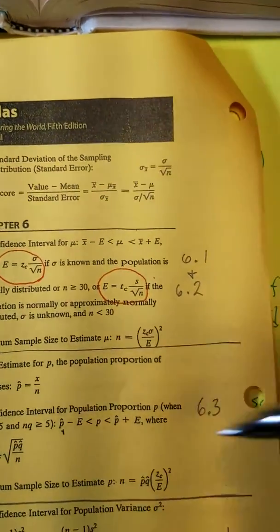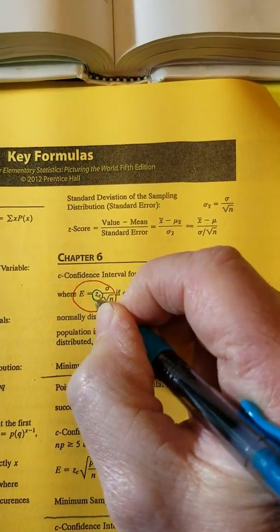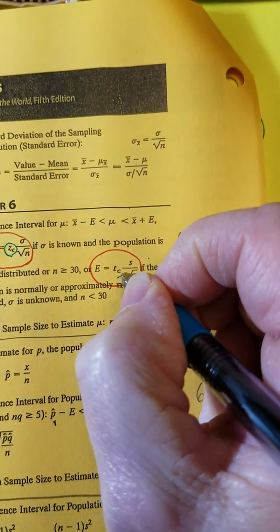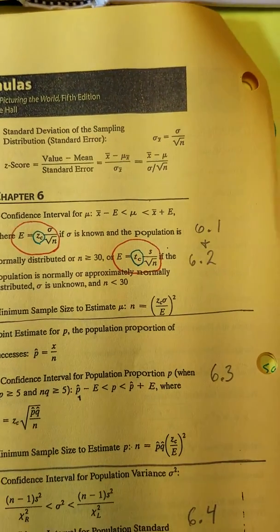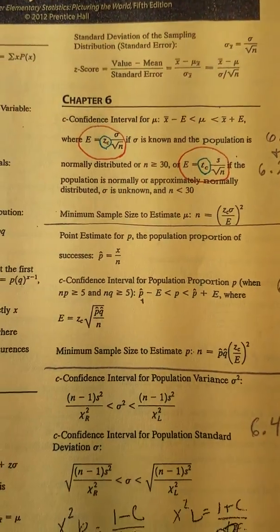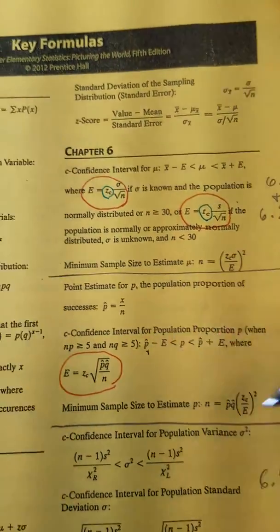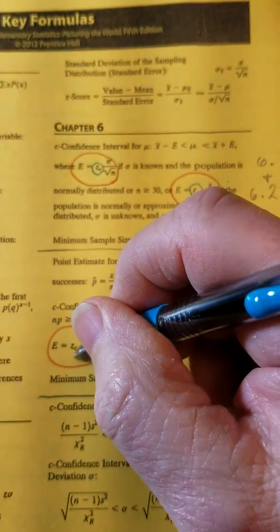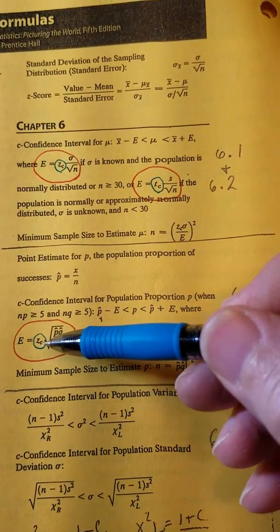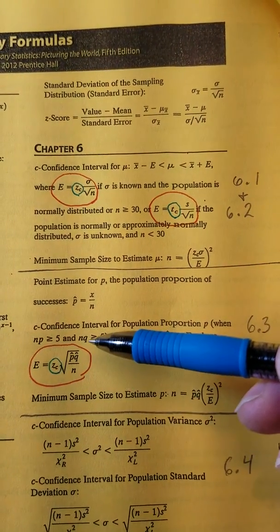Notice here they have Z sub c, the Z-score, and T sub c, the T-score, or your critical values. In 6.3, this is your formula. What I want you to notice is that out front they have that part. So in the homework, they might just have you find that, or maybe they have you find the whole margin of error.